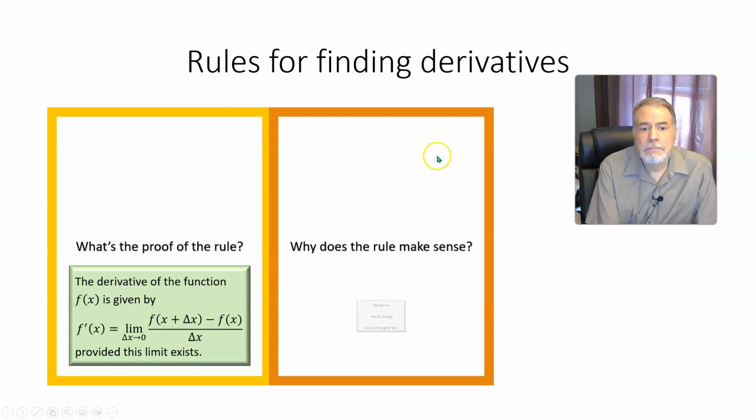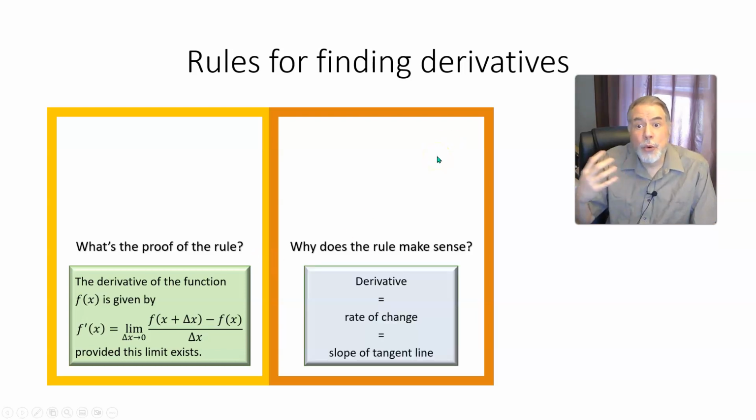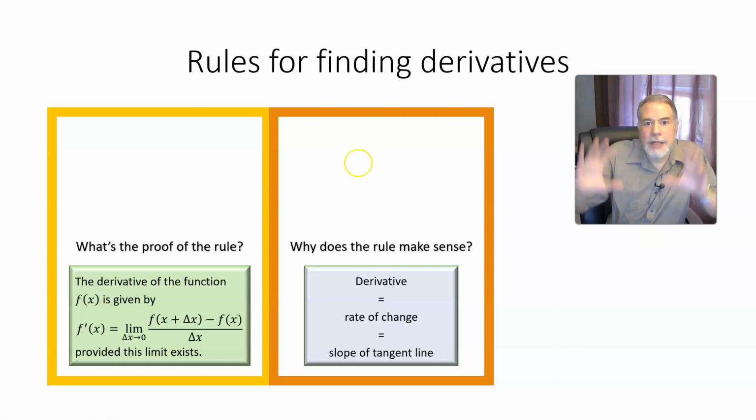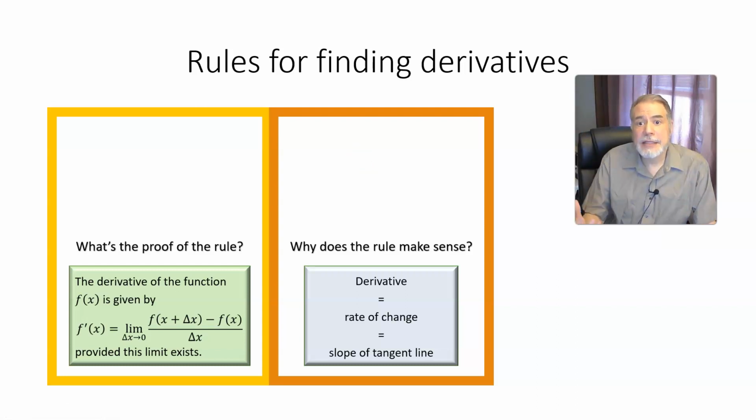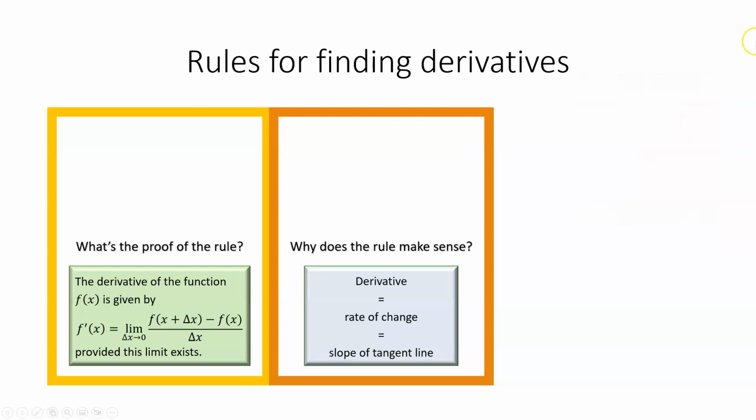And based on the fact that the derivative of a function represents the rate of change of that function, and it also represents the slope of the tangent line to the graph of the function. So when I talk about why the rule makes sense, that's going to be the part of the video that has an orange border. If what I say helps you, great. If you don't find it helpful, you can just ignore it.